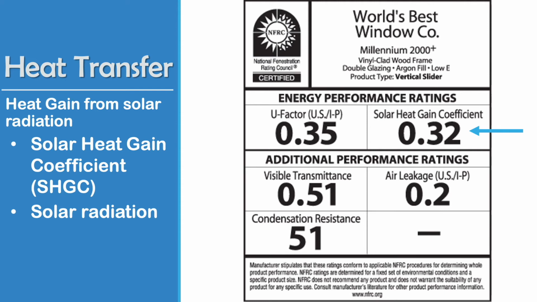Also, the total window solar heat gain coefficient and a visible transmittance. So we see here that the visible transmittance is 51%, and typically what happens is the more effective a window is at shielding from solar heat gain, and low E coatings, it tends to decrease the visible transmittance.